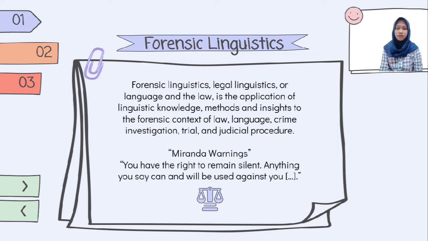One of the main goals of forensic linguistics is to provide a careful and systematic analysis of language. The results of this analysis can be used by many different professionals. For example, police officers can use this evidence not only to interview witnesses and suspects more effectively, but also to solve crimes more reliably.